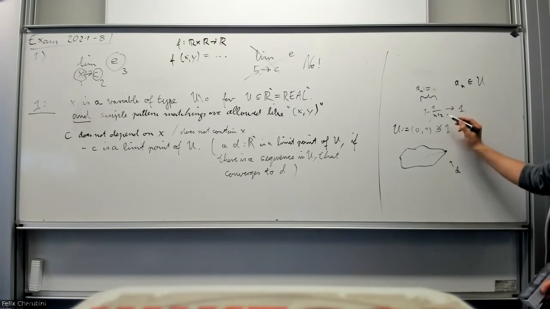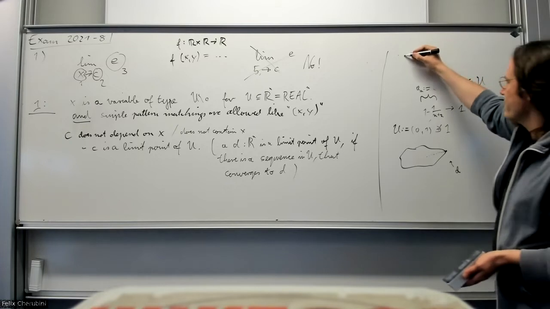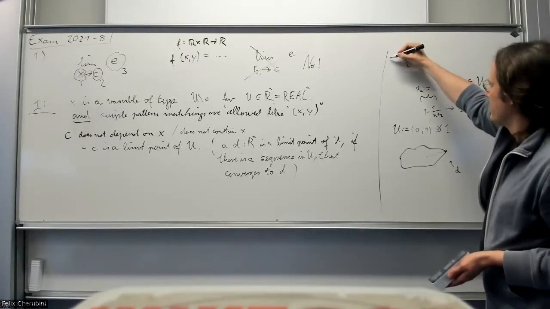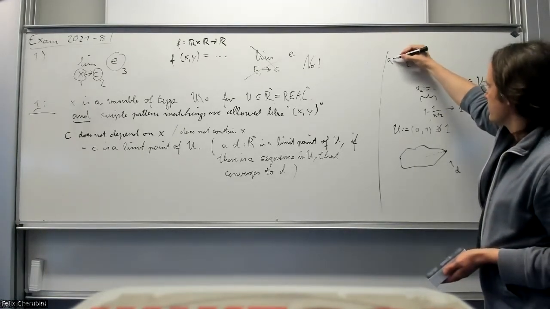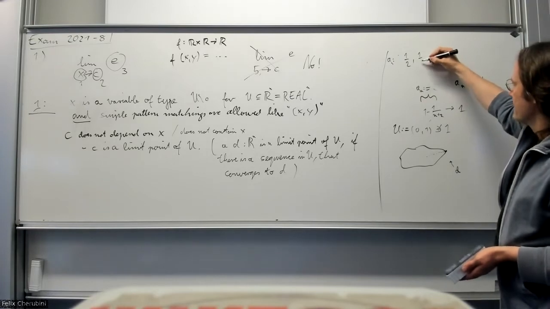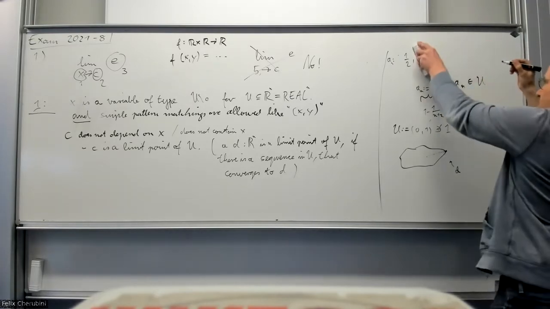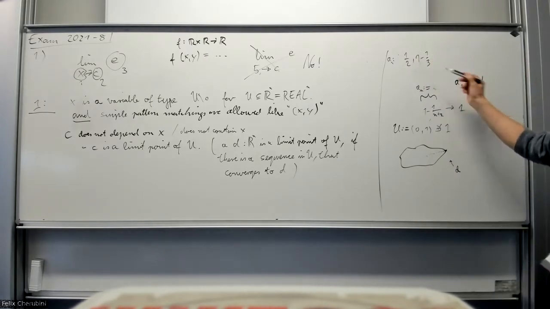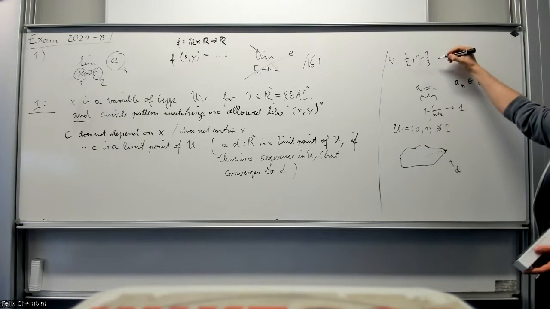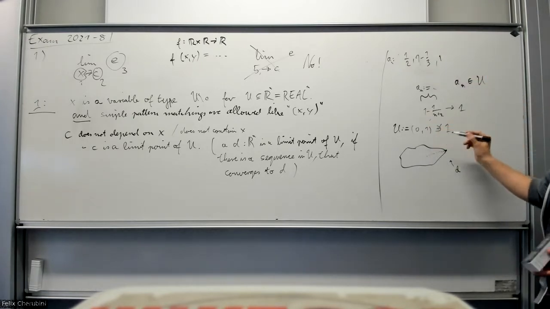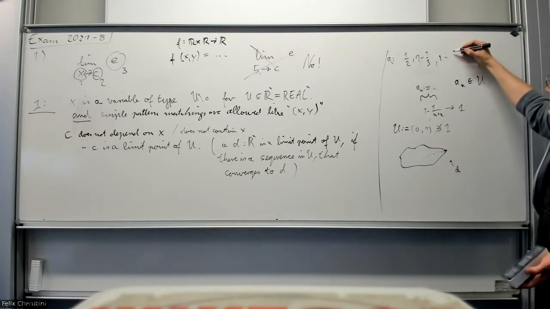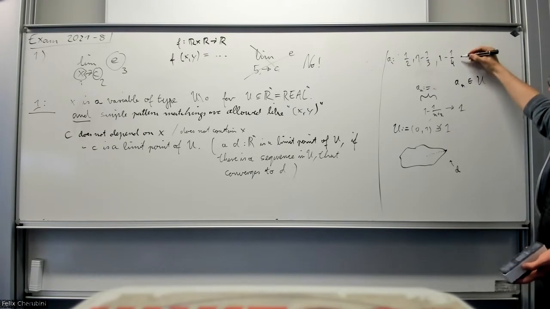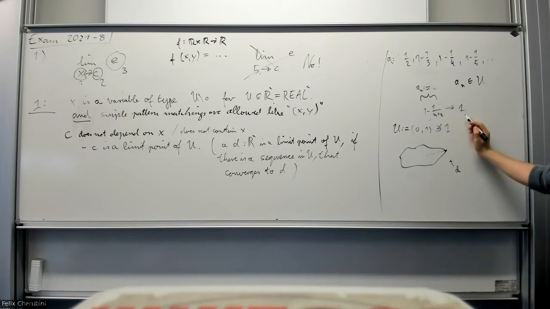Then we have a sequence which starts with 1/2. So this is what a_n looks like. Then it's 1 minus 1/3, and you can check it's getting closer to 1, but it doesn't leave U. So it's exactly what we asked for: a sequence in U that converges to 1.